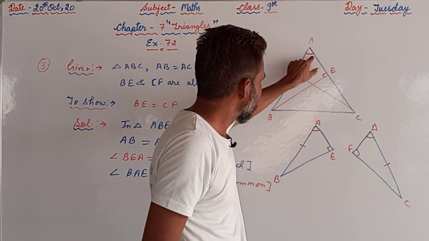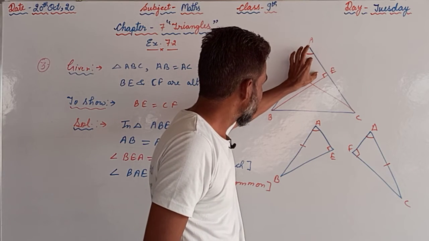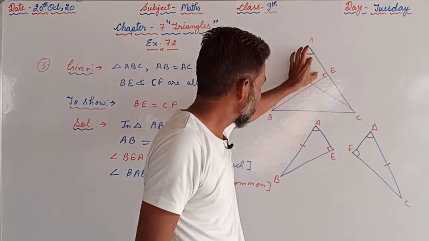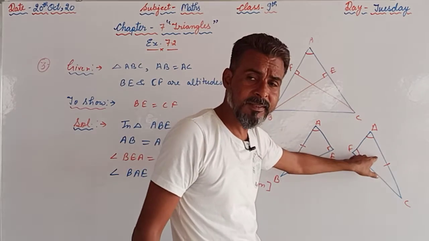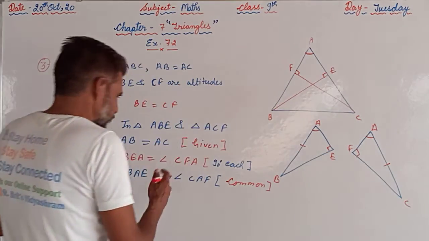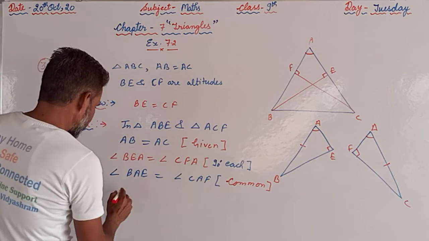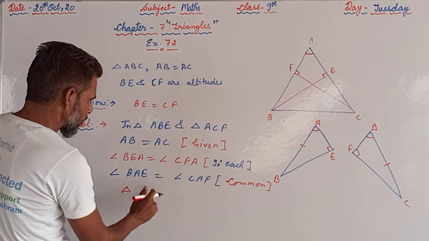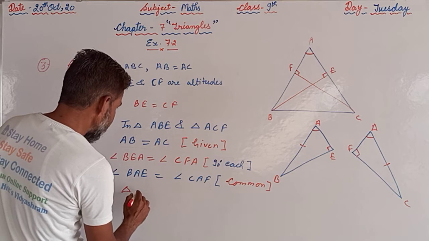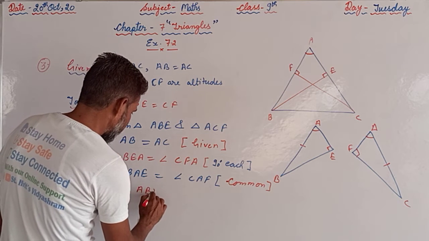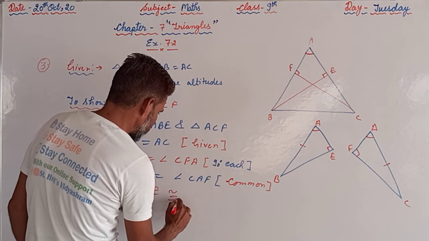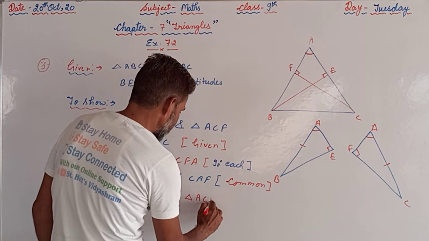You can see this angle A is common, present in both the triangles, in this triangle as well as in this triangle. So, the triangles are now congruent because we got the three things which are required for congruency. So, triangle ABE is congruent to triangle ACF.